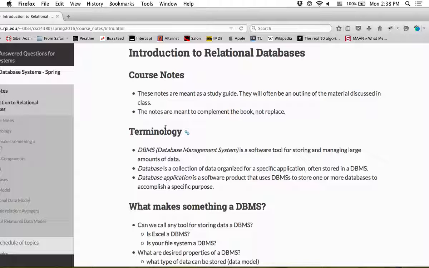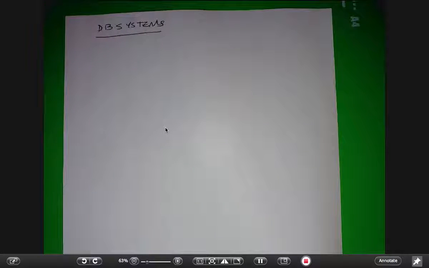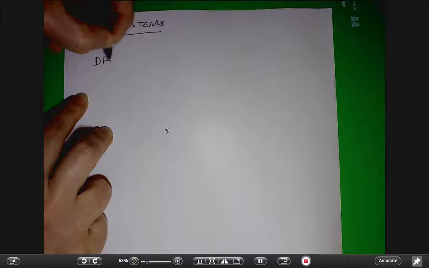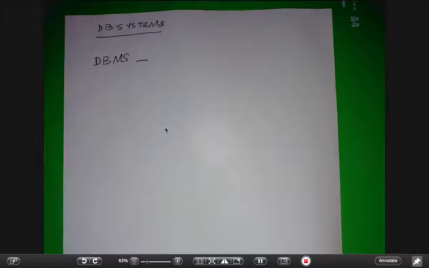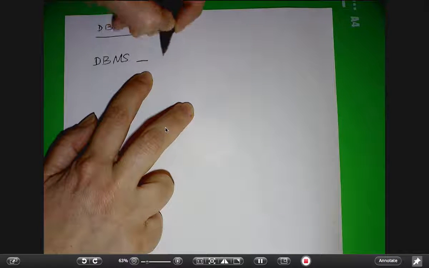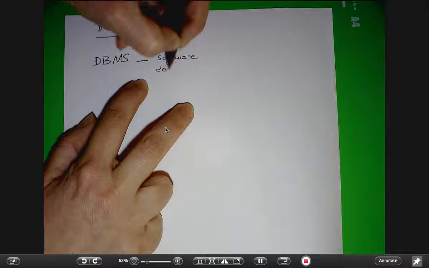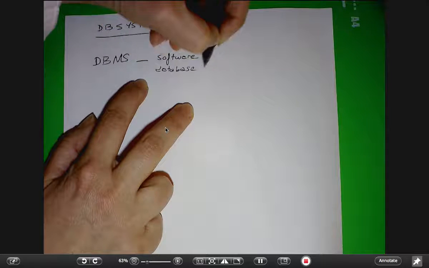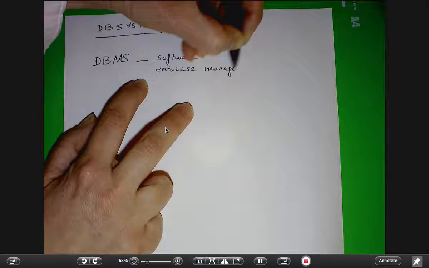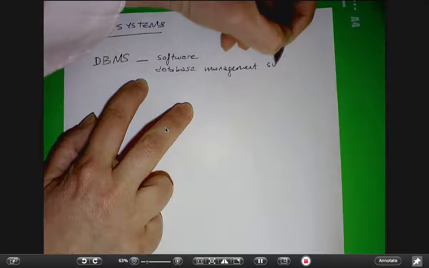So there are two different things that we distinguish between. A database management system, a DBMS, is a piece of software that you use to store a database, right? So this is a software, database management system.